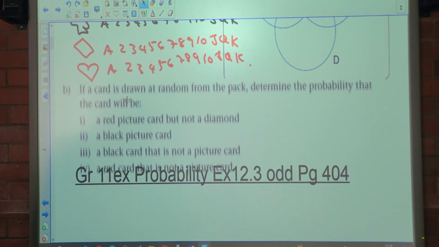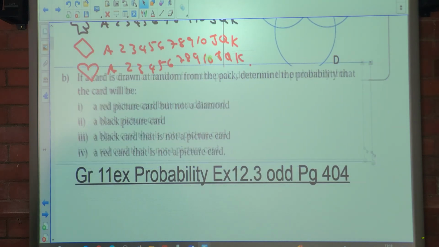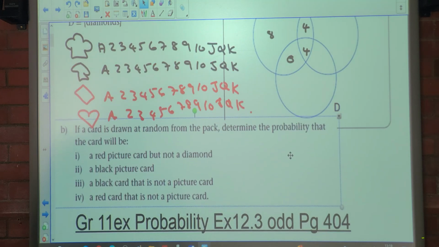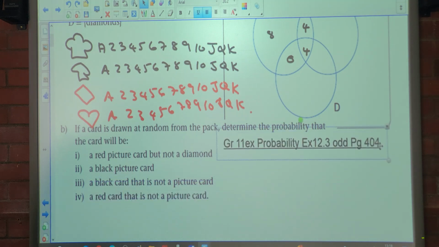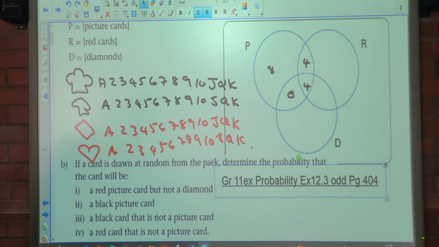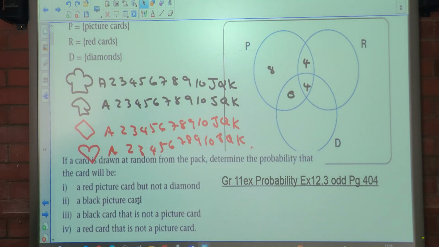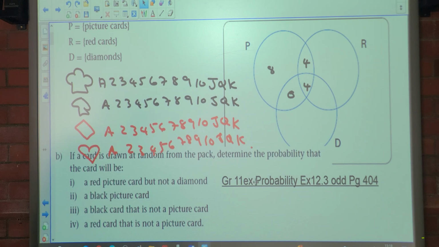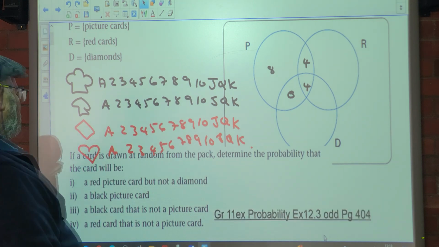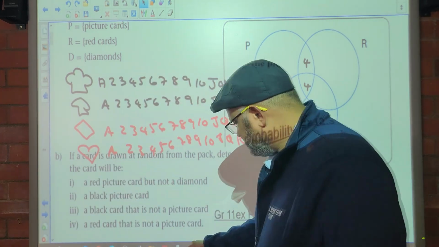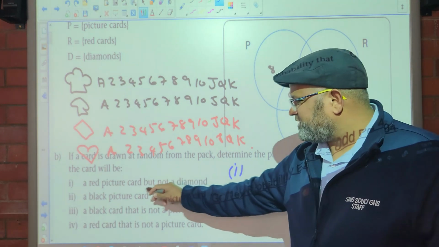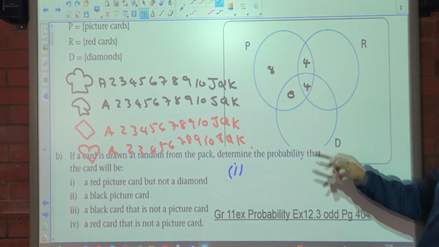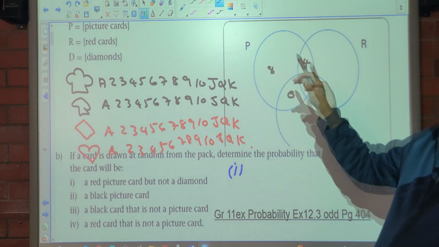B. We are told, if a card is drawn at random from the pack, determine the probability that the card will be. So in the first case, the card will be a picture but not a diamond.